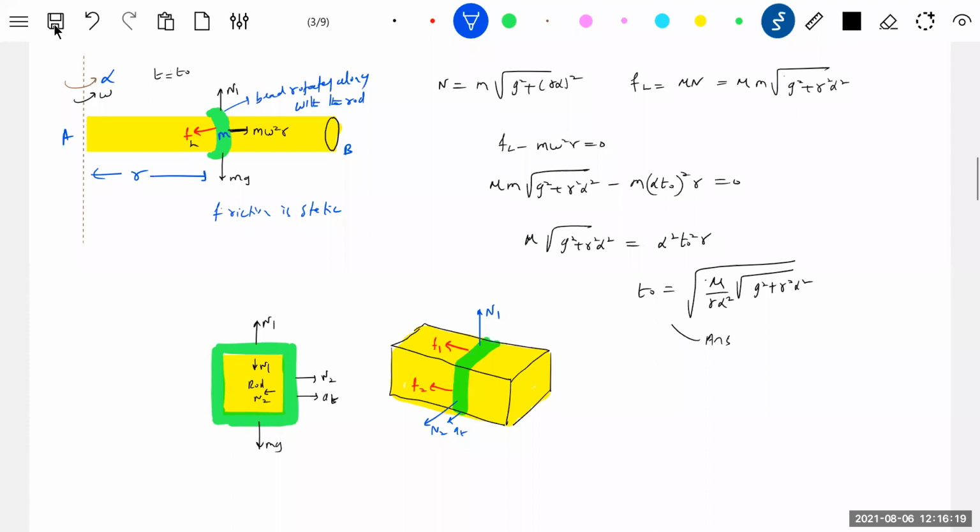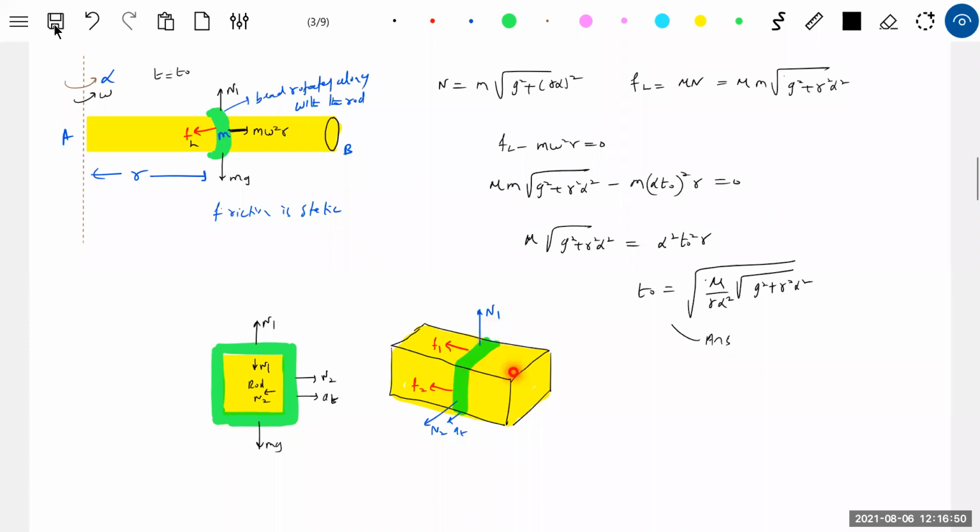If the rod is of rectangular cross section, then at each surface you have to discuss the friction individually. Since the rod is of circular cross section, we are able to go for the total normal contact. Here F1 is mu N1, F2 is mu N2. Earlier what we wrote was F equal to mu N. Now you have to discuss it separately.